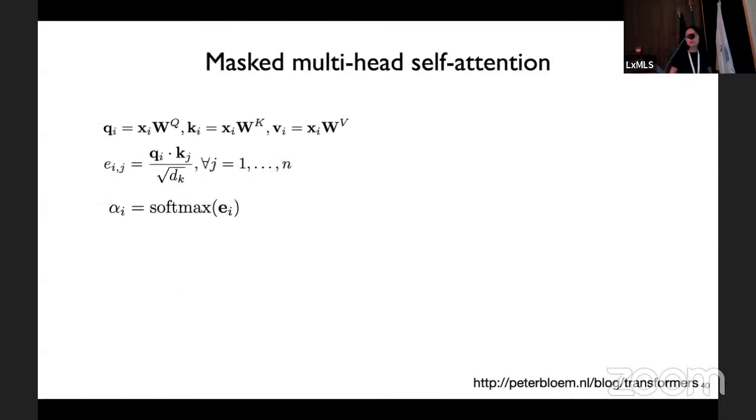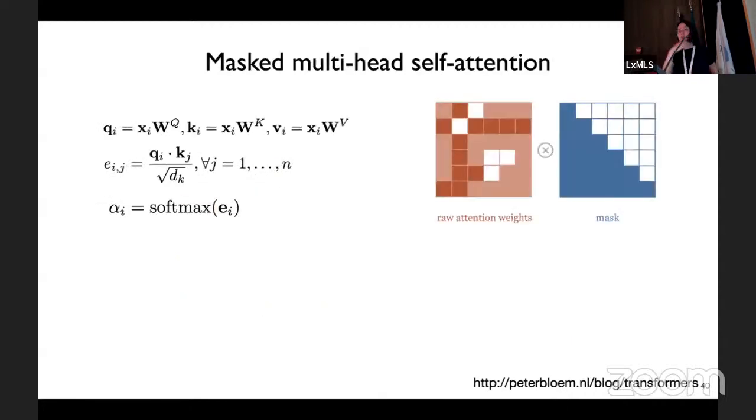So how do we implement this? It is actually through some kind of masking. We do the normal attention calculation. We calculate this attention matrix as we normally do. But we are going to multiply this by a mask matrix.